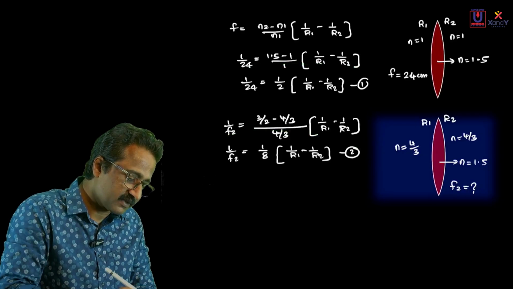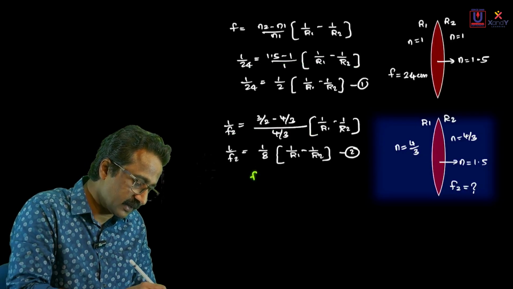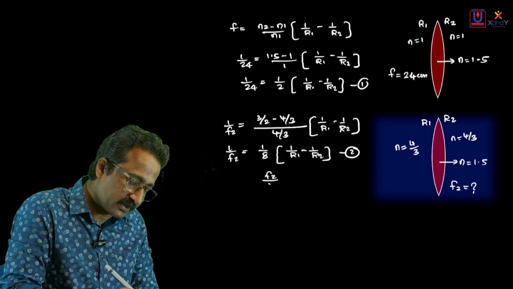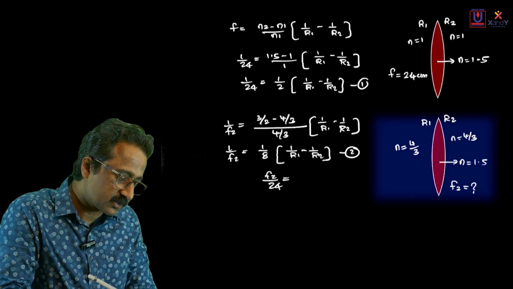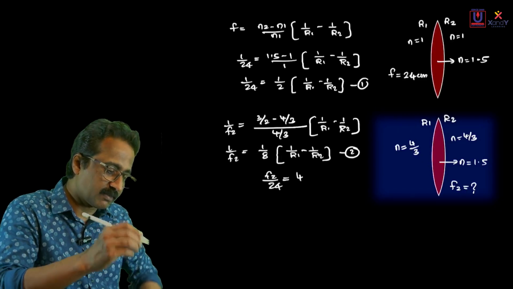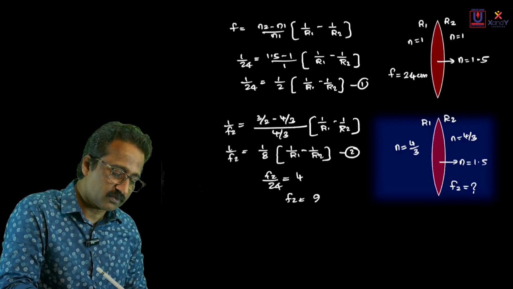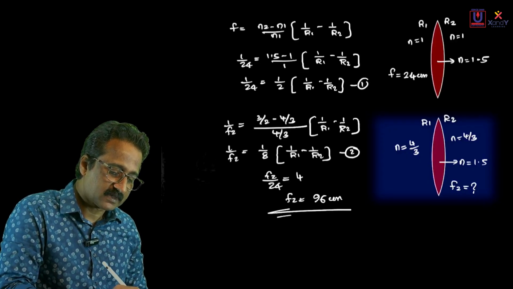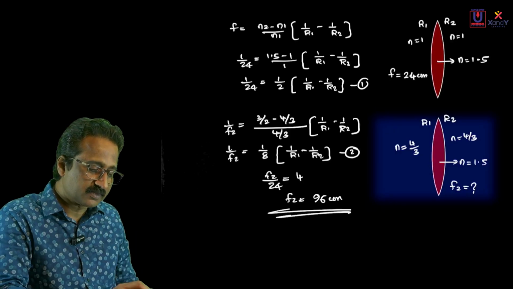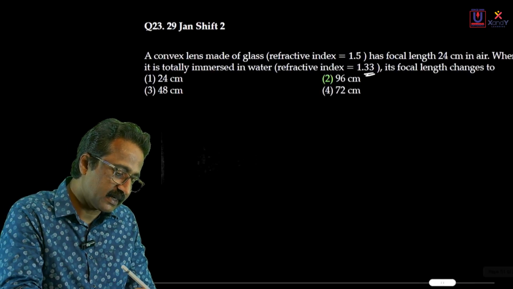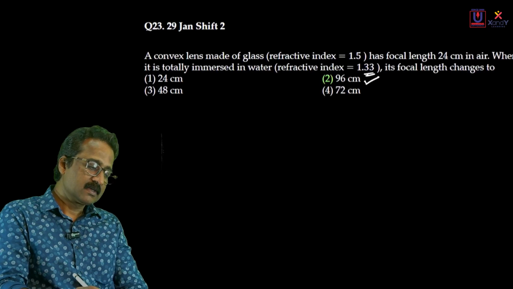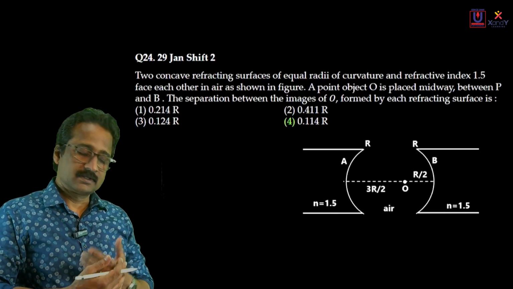When you divide left-hand sides, I'll get f2 divided by 24 on the left side, which is equal to 4, because 1 by 8 by 1 by 2 is 4. f2 is equal to 4 into 24, which is 96 centimeter. So the focal length of the same lens in liquid is 96 centimeter. That is option 2.